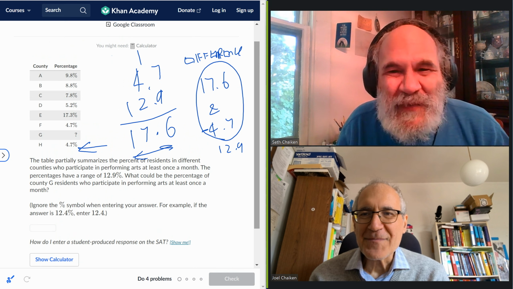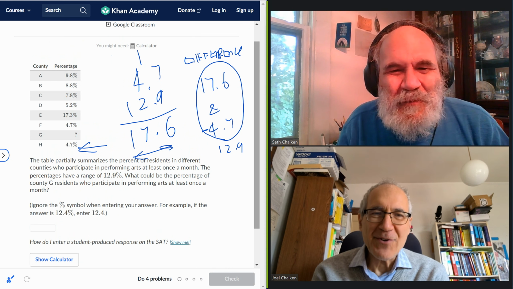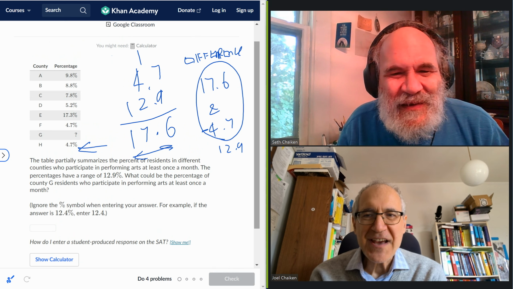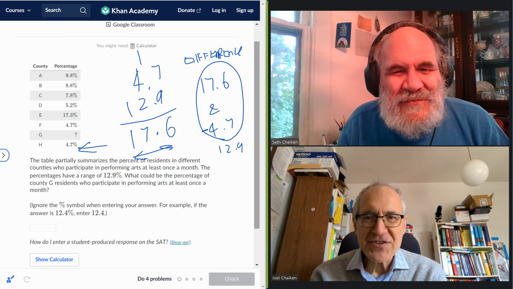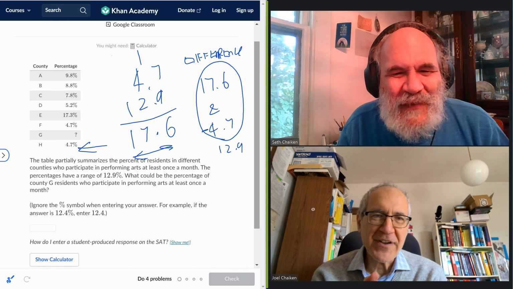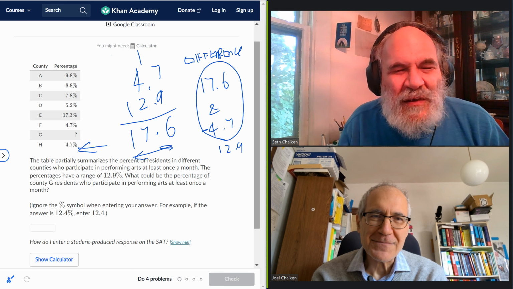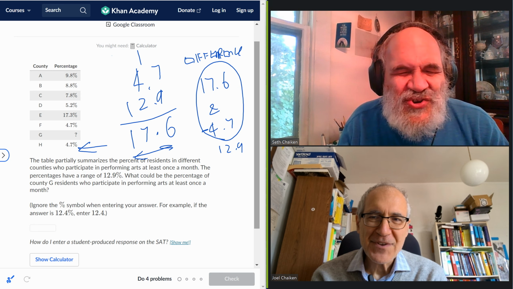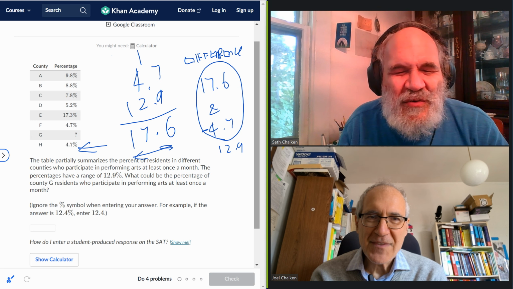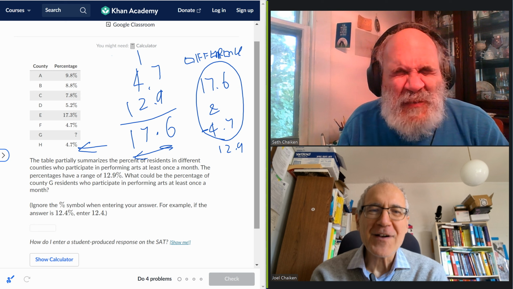All they're asking is what G has to be so that the range of these numbers is 12.9. That's what's being asked. Repeat what they said the range is.